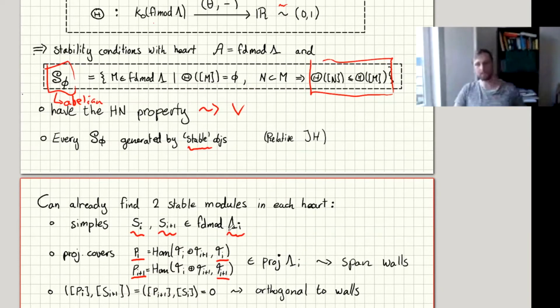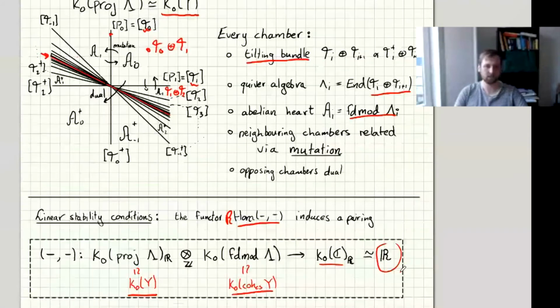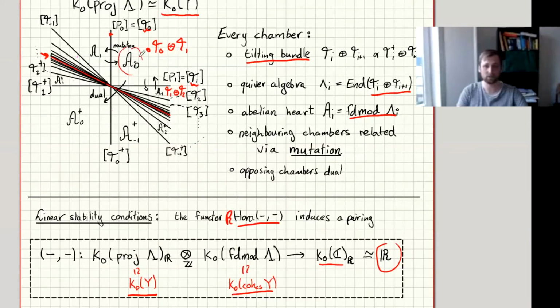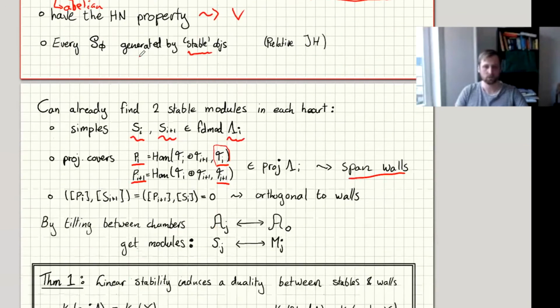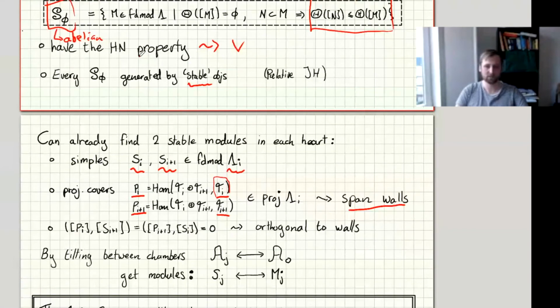And as I said, the classes of these span the walls in this wall-and-chamber structure, so this wall will be orthogonal to the simples in this heart. So we get some sort of duality between these.